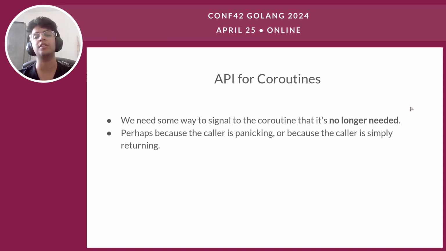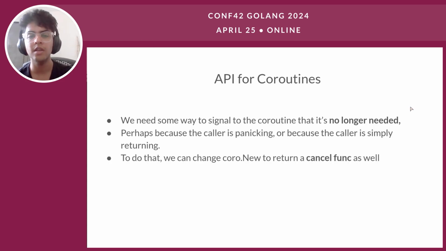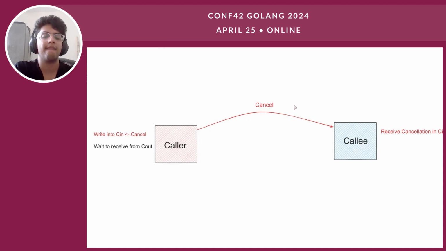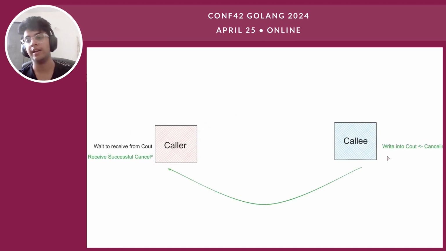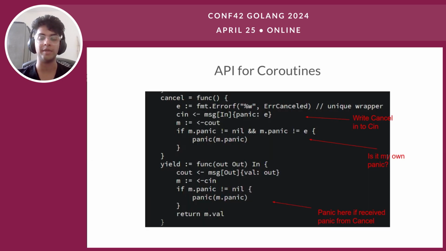So it's just the reverse of what we implemented. What we can do is write into cin that the caller is canceling. Just propagate this cancel call to your callee, which once it receives the cancel, it can write into cout that I acknowledge that the caller is cancelled, and the caller knows that it successfully cancelled its coroutine before stopping itself.